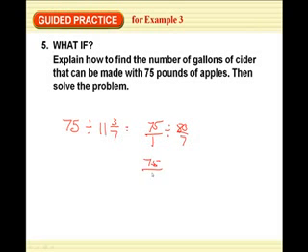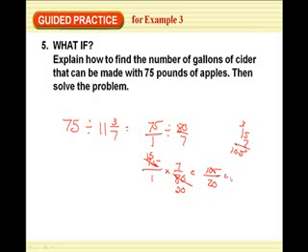So first fraction stays the same. Flip this baby over, divide by 5. 15 and 20. 15 times 7, 105. 5 1/4 gallons.